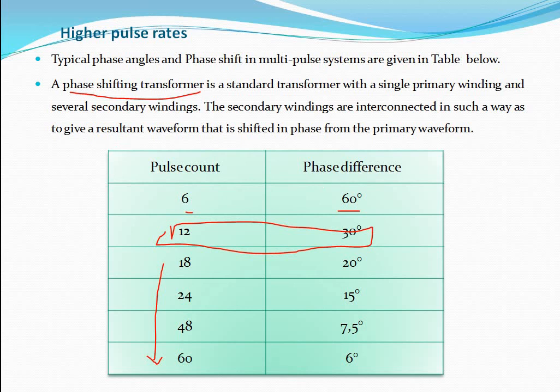So as the pulse count increases, we get a ripple free output voltage. This is about the 12 pulse configuration, the 3 single phase fully controlled and the 3 phase bridge circuit or 6 pulse converter. So in the next class we'll discuss the voltage source converter.